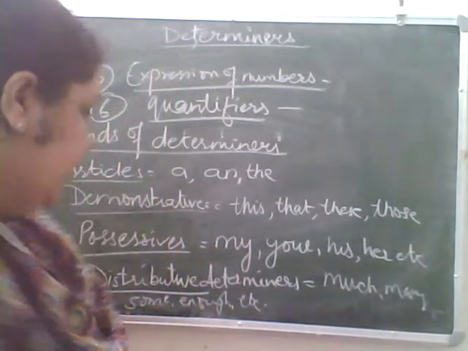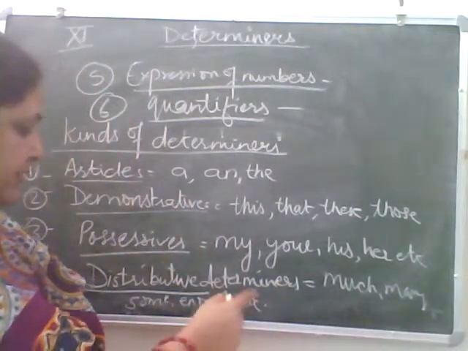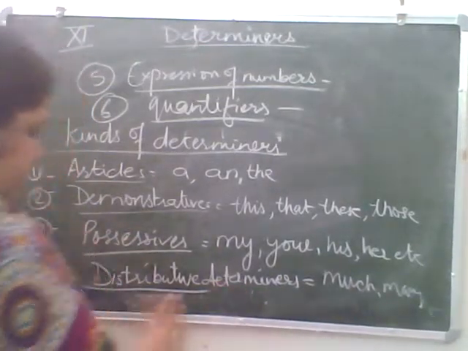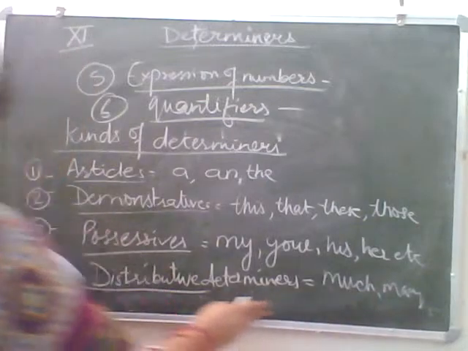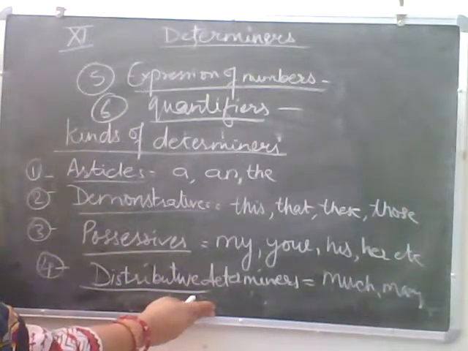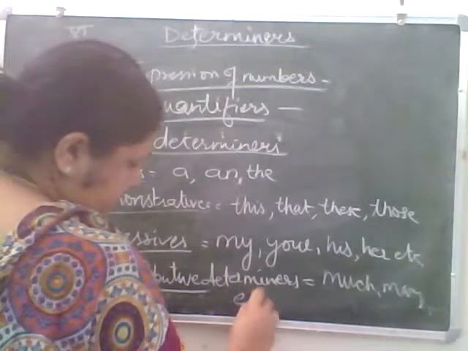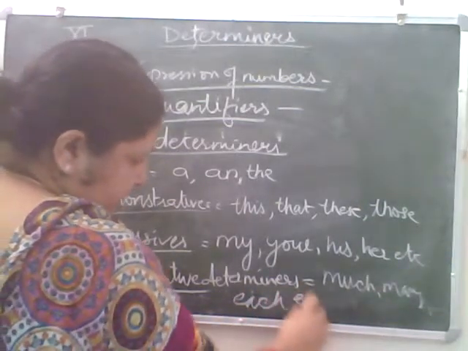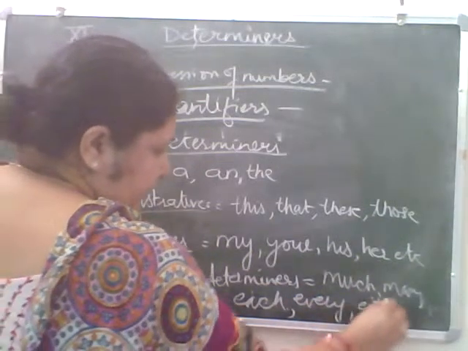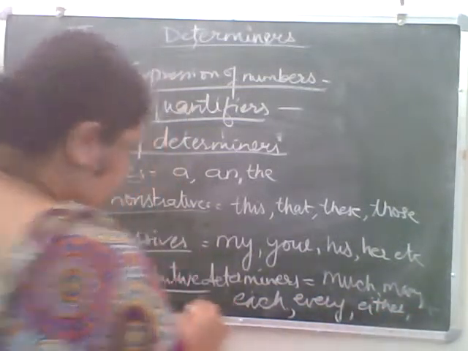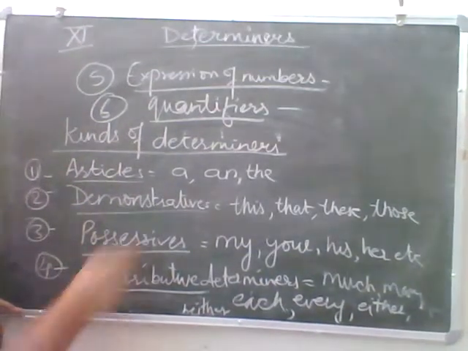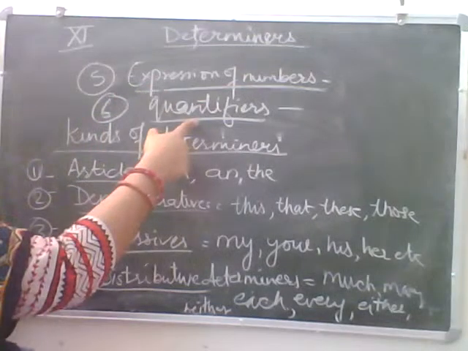But in distributives, we talk about some, much, enough, much, many. We can also include each or every child, or either or neither. So these are the examples of distributives, expressions of number, and quantifiers.